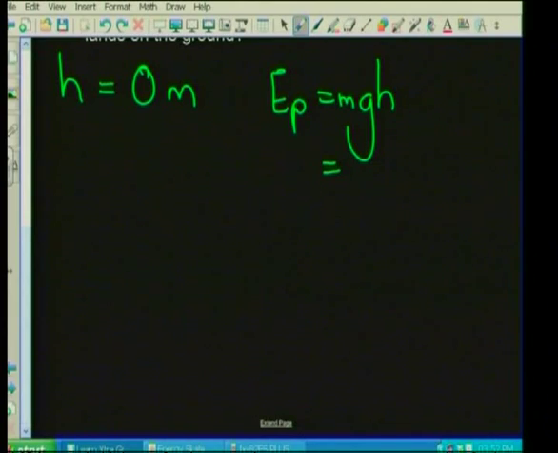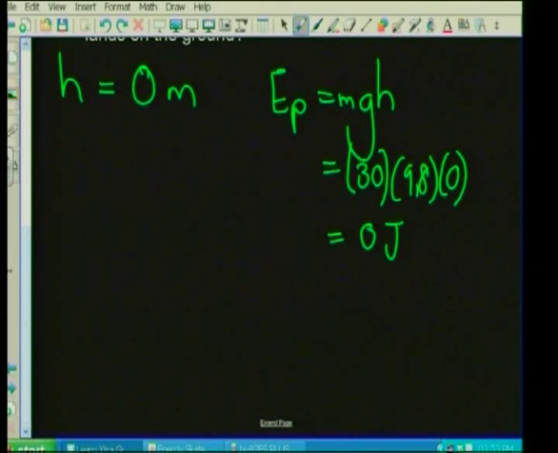You're going to know this equation backwards by the time you're finished. 30 times 9.8 times 0, and you all know that 0 times anything is 0, okay? Why is potential energy 0? Because the reference point, which is the ground, and him, there's no difference in height. He no longer has a position as such in the gravitational field. They're all at 0, okay? So be careful there, because that's a bit of a tricky one, but it's 0 now.